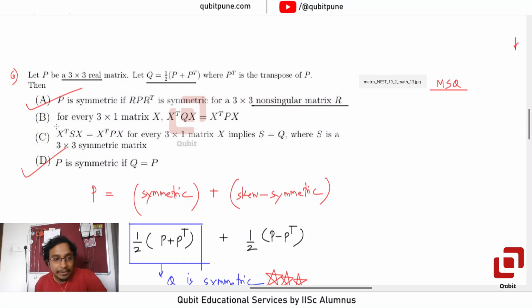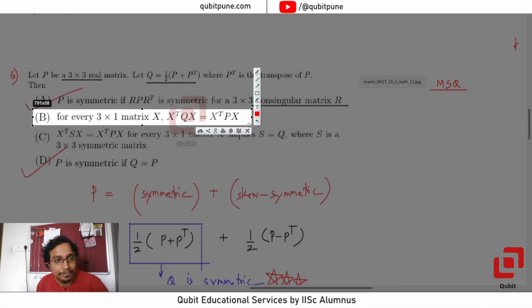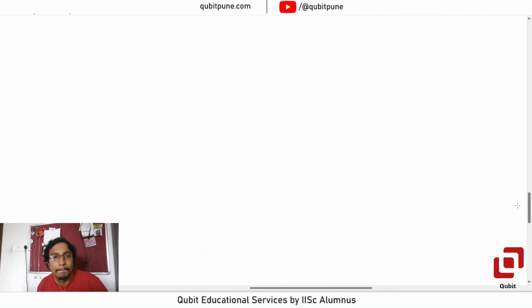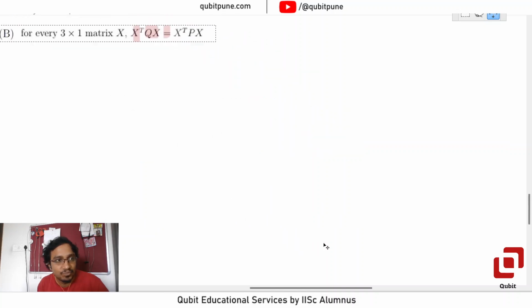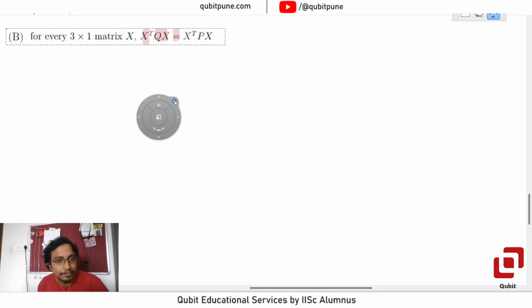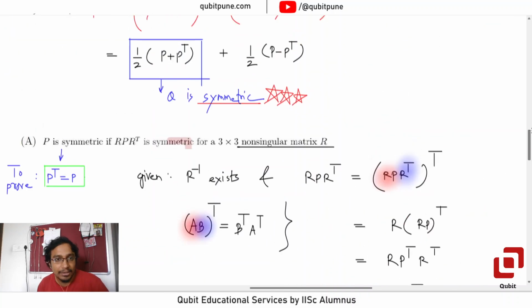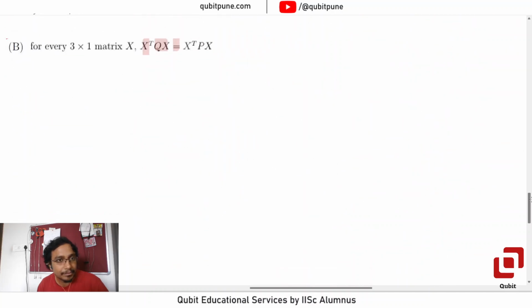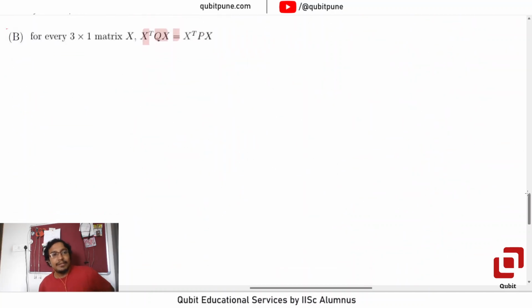Let's come to B now. Okay, I think that's it for B. The statement: for every 3 by 1 matrix X, X transposed QX is equal to X transposed PX.